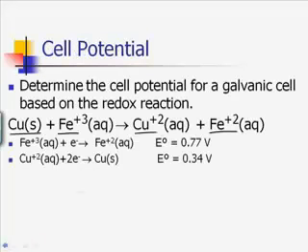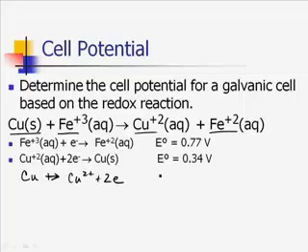So we would reverse the copper reduction, and the E naught of that is going to be a negative 0.34 volts.